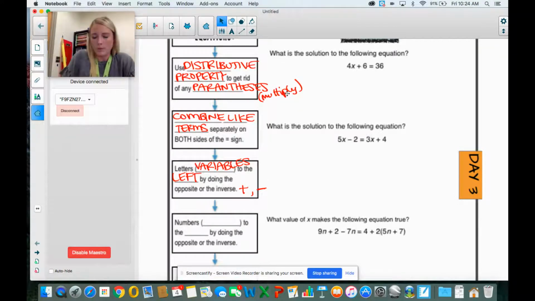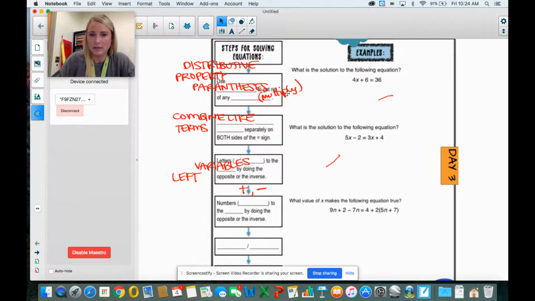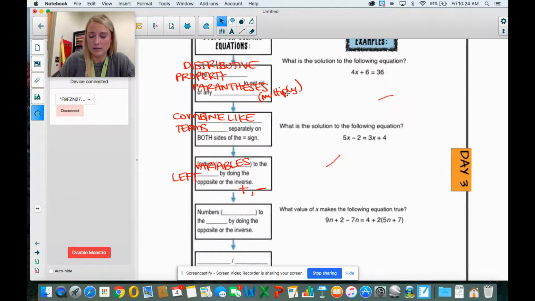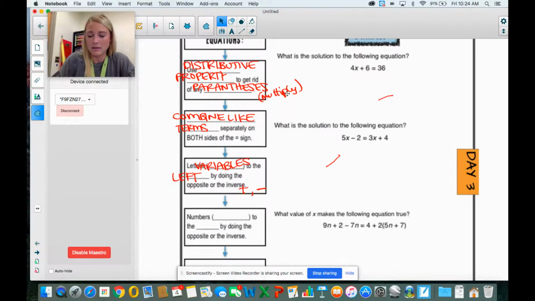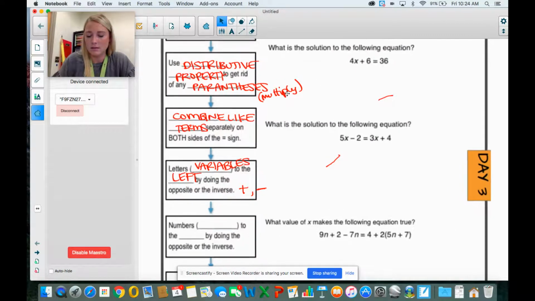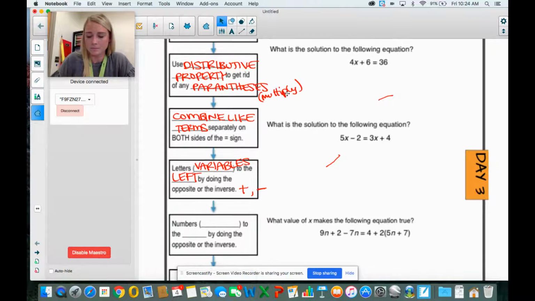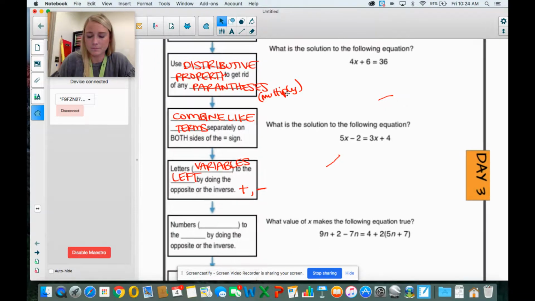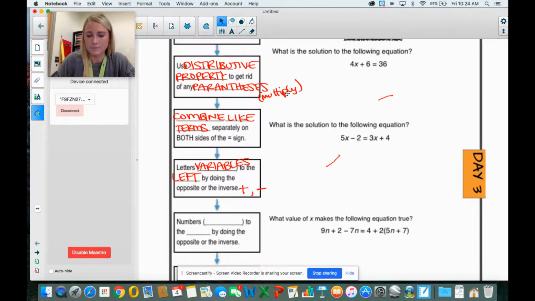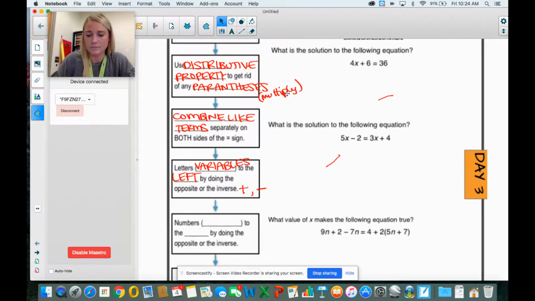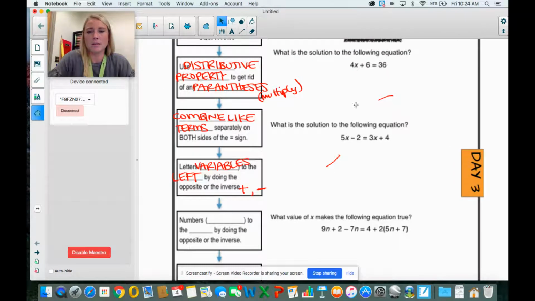Okay, then we're going to go numbers. Whoops, drawing all over it again. Let's do this.